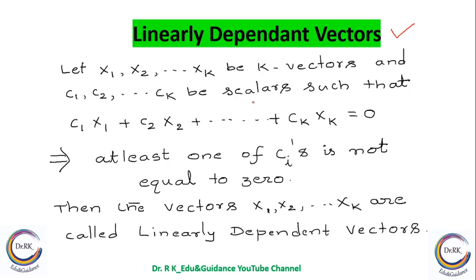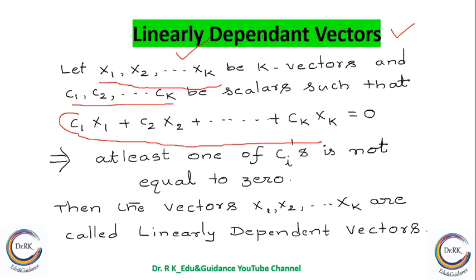So just now we saw, let x1, x2, so on xk be vectors, c1, c2, so on ck be scalars. Then we had a linear combination c1 x1 plus c2 x2 plus so on ck xk.